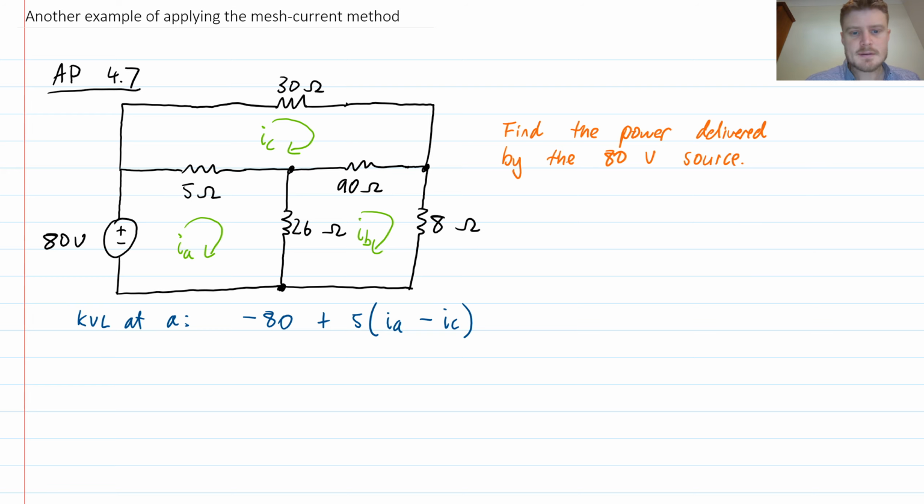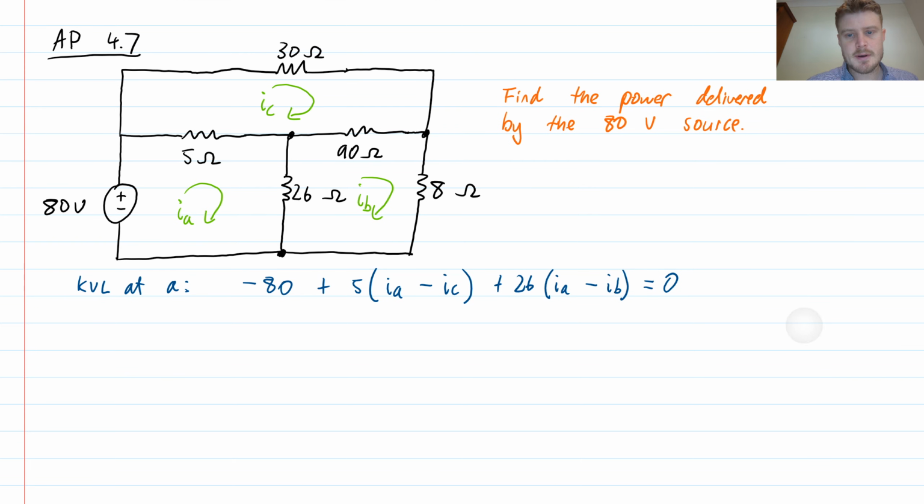Proceeding further around, I have the 26 ohm resistor, so it will be plus 26, and I will have IA minus IB. Again, I can see that the arrows are pointing in a different direction, and all of that is equal to 0.